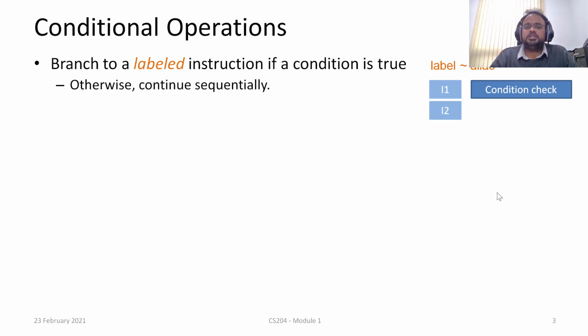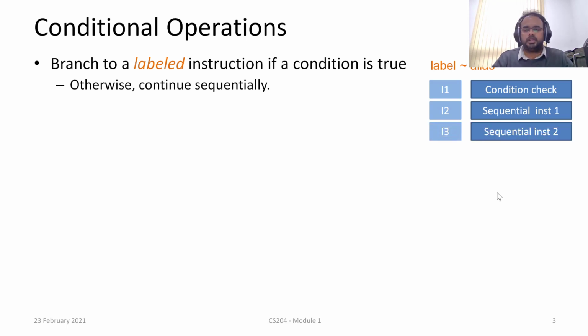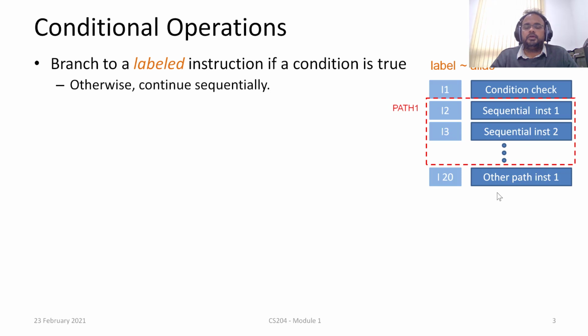The next sequential instruction, which is I2, can be anything in one of the paths. Following that, we have another sequential instruction, and so on. So this can be the path 1 that we saw earlier, right? Then eventually somewhere down the line, we can have an instruction I20, then I21, etc.